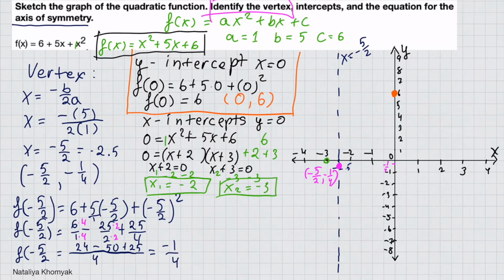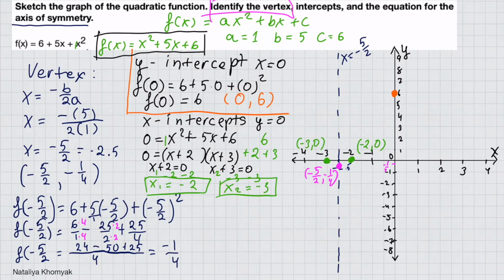So at x equals -3 and at x equals -2, we have x-intercepts. This point is x is -2, y is 0. And this point is x is -3, y is 0.